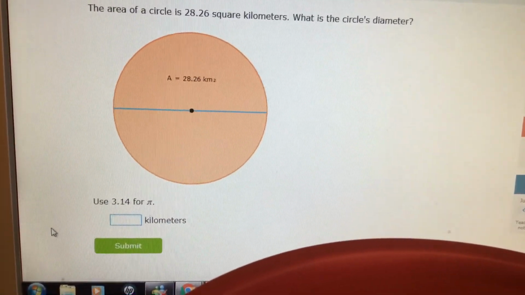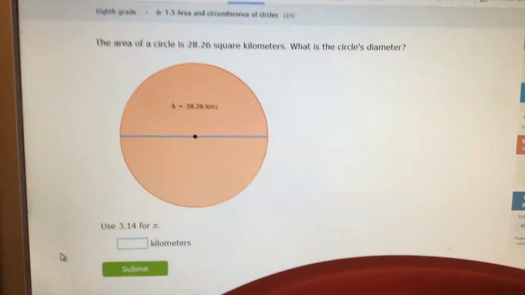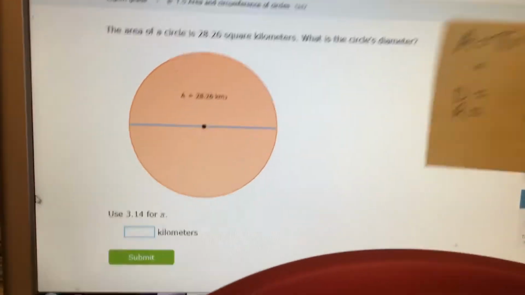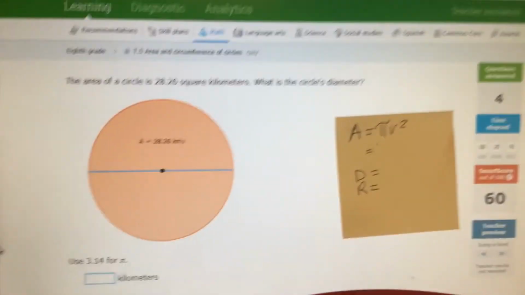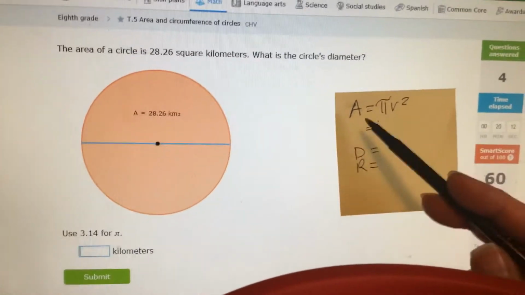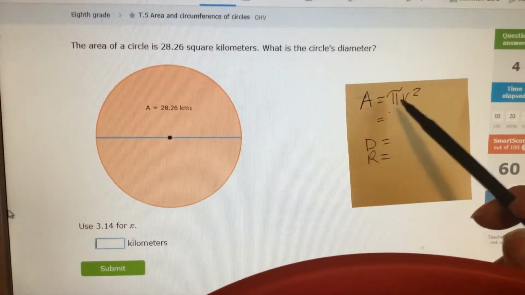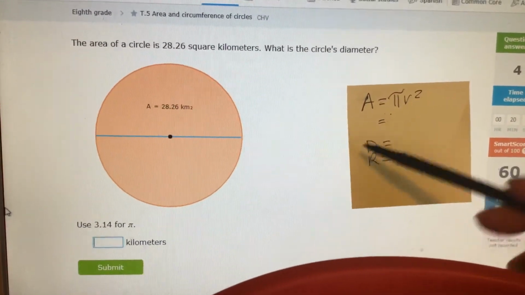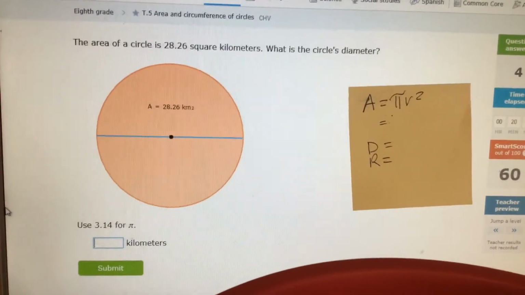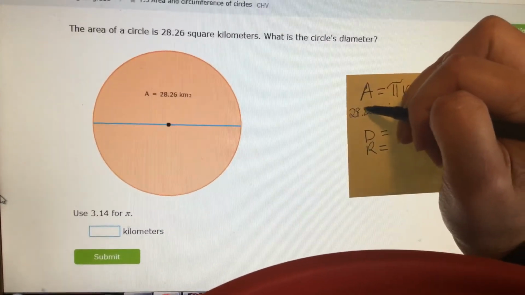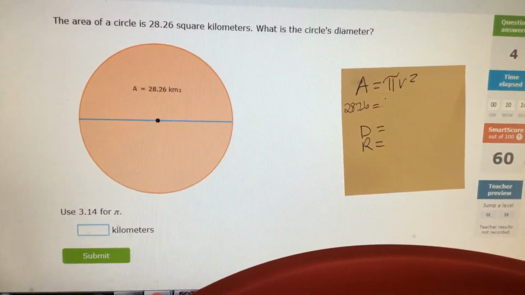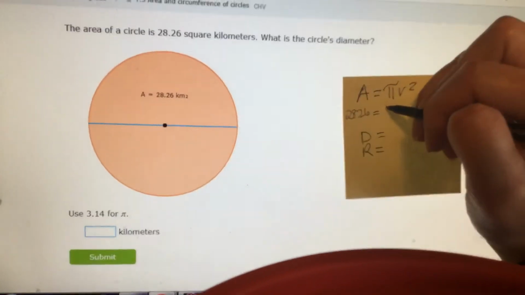So I went ahead and I wrote down area equals pi r squared. Do they give me information here that I can put into my formula? Well, they tell me the area is 28.26. So I'm going to write that down where the area would be. Pi is 3.14.